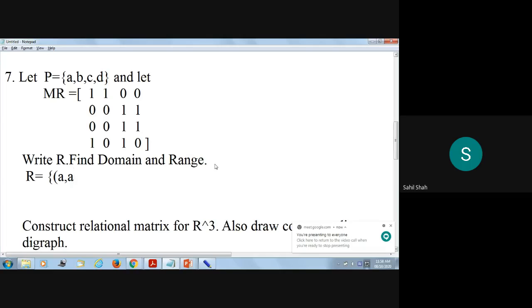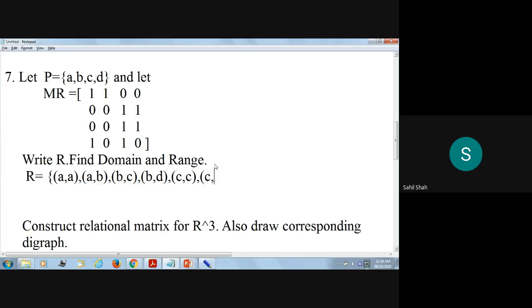A comma A, A comma B. Only we will consider the entries which are having 1 in their cell. BC, next is BD, next is C comma C, I guess.